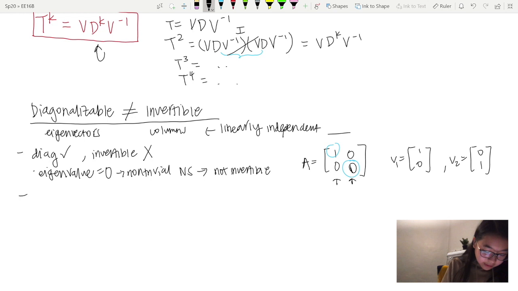Okay, now let's look at the opposite. So now let's say that it is an example where it's not diagonalizable, but it is invertible.